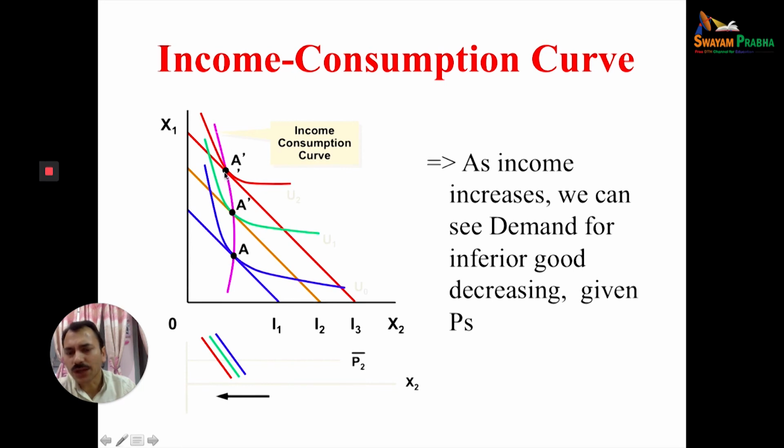Now, if income increases more, because X is an inferior good, if you join a point here, you can see that the demand for X is less as compared to this, and there is no change in the demand for Y. This will happen in the case of inferior goods. Inferior goods are those whose demand will reduce or decrease with the increase of the consumer's income.